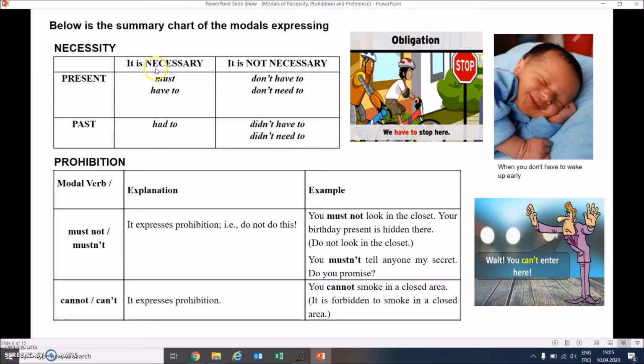And here is the summary of our models. Look at this cute baby. What does it say? Here, when you don't have to wake up early. Or obligation. We have to stop here. Obligation. Or wait, you can't enter here.